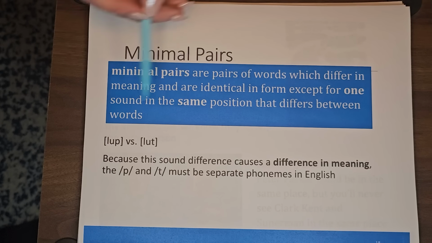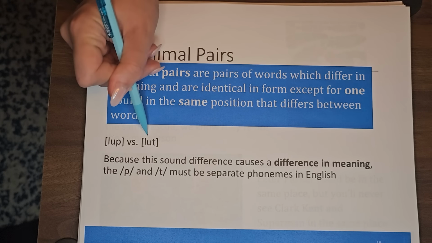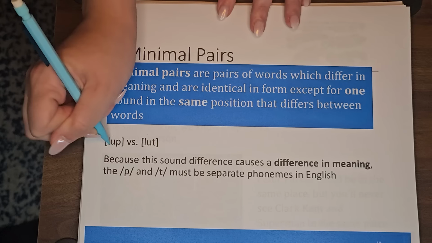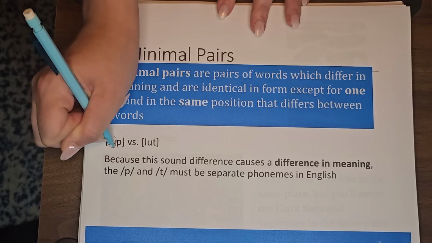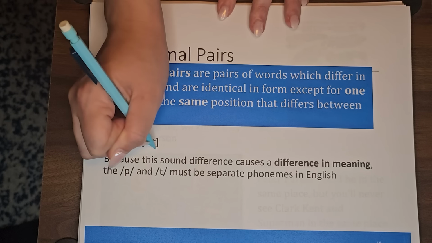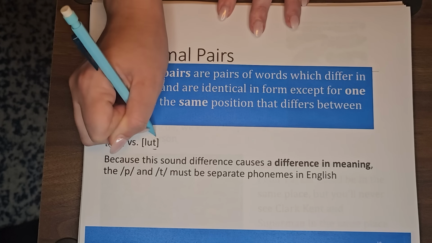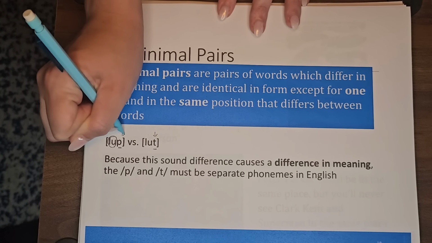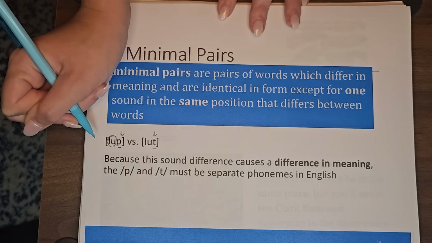So for example, loop and lute are minimal pairs. This part of the word is the exact same, and they only differ in one sound that is in the same location in the word.